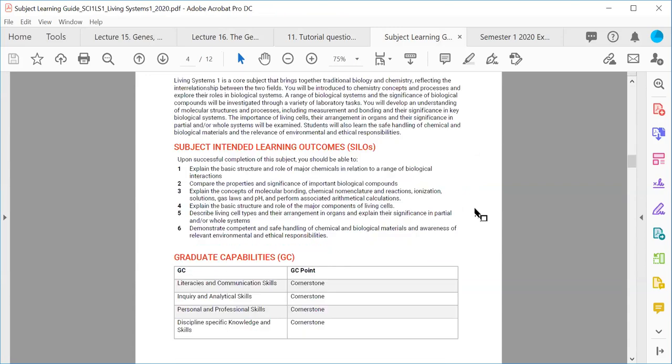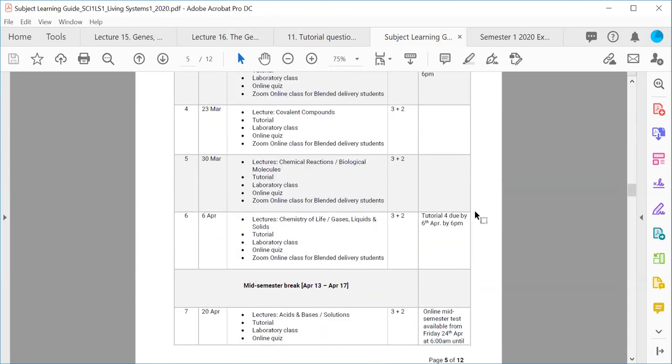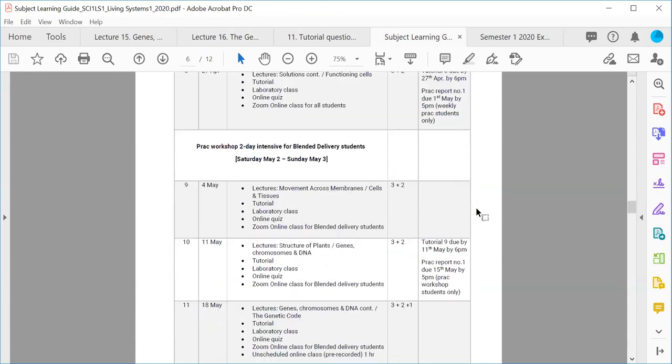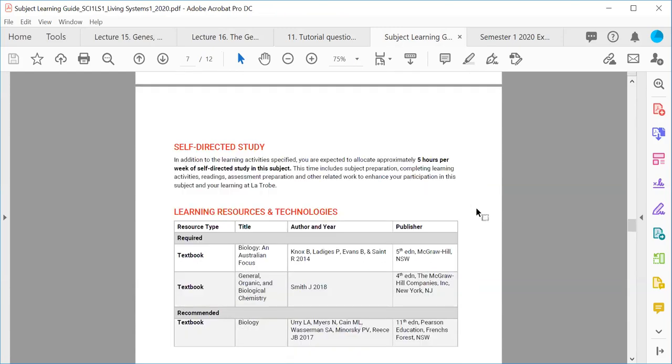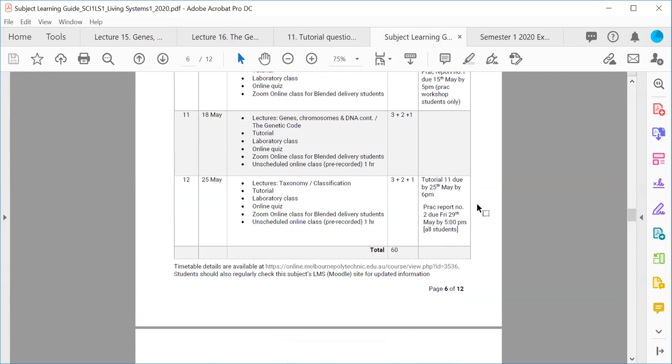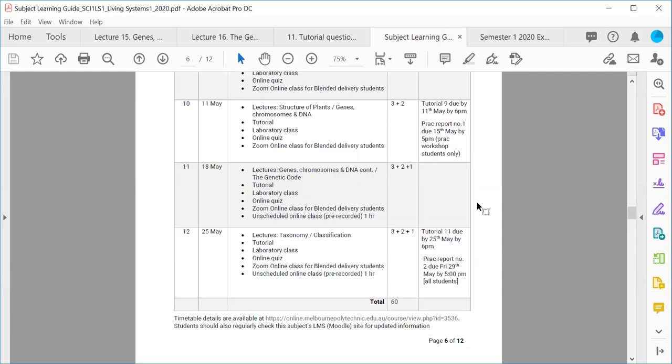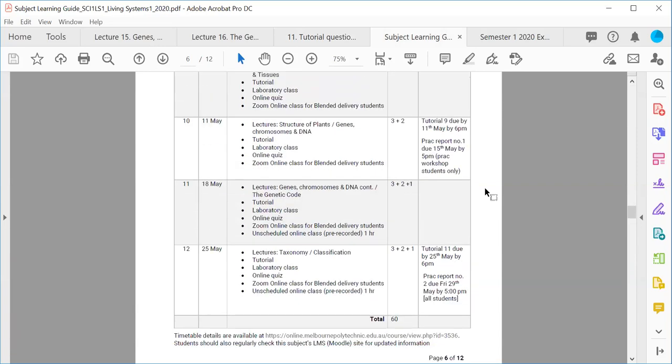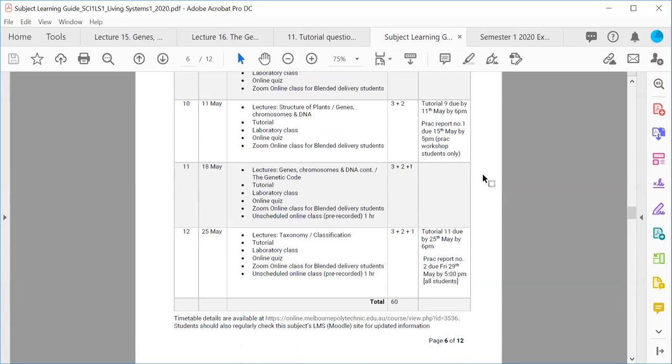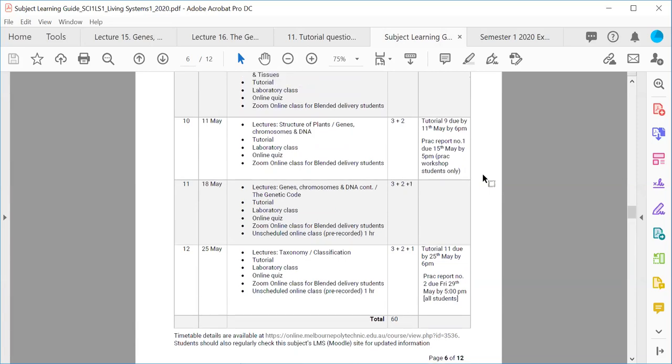Okay, so let's look at what is remaining in terms of assessments. Here it is. I couldn't find it. This is the assessed tutorial that's due next Monday.